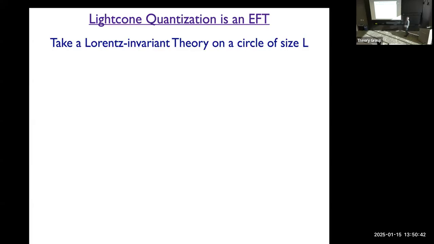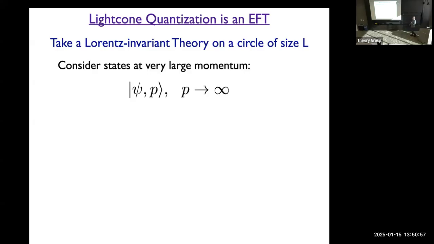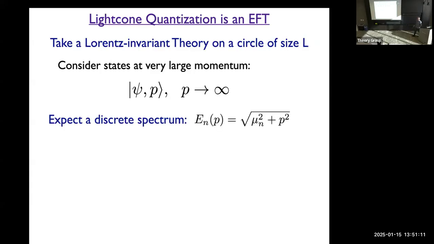So imagine that, just for simplicity, I'm going to stick to 1+1 dimensions, where it's easier and also where we have the most numerical experiments, so I have some sense of what's happening. The idea is that you have a theory on a circle, it's translation invariant. You could, of course, consider any momentum sector. And now you can ask, what happens as I take the center of mass momentum to infinity?